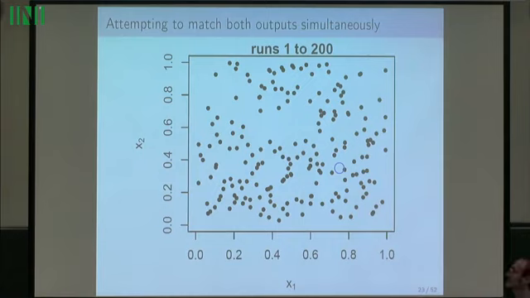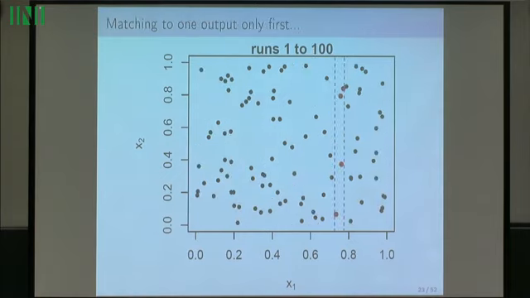With history matching, rather than trying to match both outputs simultaneously, you might just pick one output. Again, it's just a notional illustration. If you're just trying to match one output, that gives you a bigger input region to find.